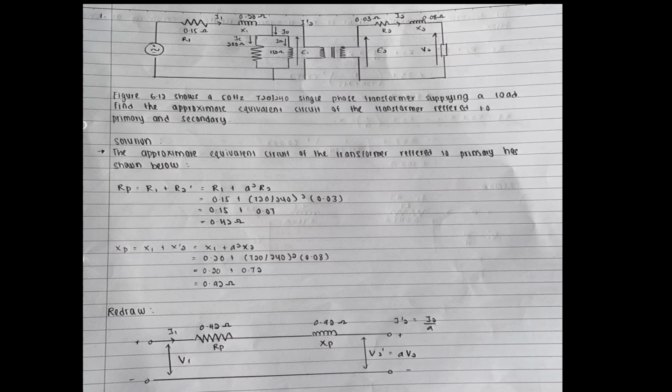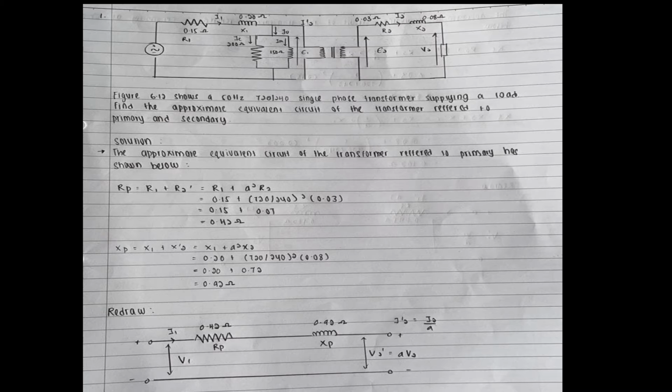So 0.15 plus 0.27, we get 0.442 ohm. And then we find the Xp.